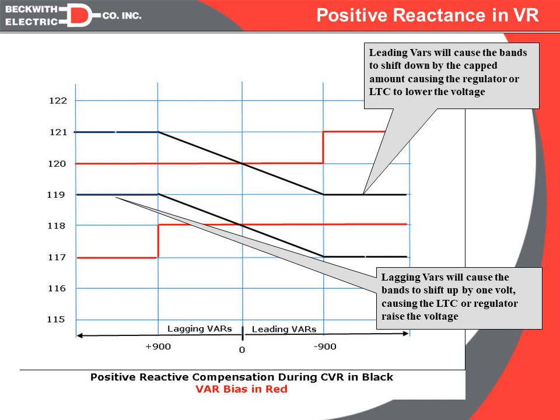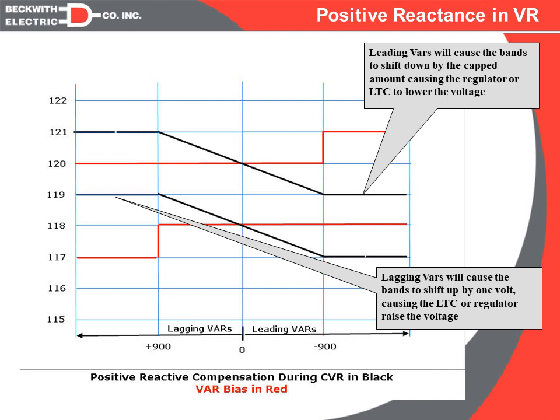So this is beneficial in the case where you may have capacitor banks, but they may be offline or out of service. In that case, if you were doing a straight percentage voltage reduction like is typically done, and you were counting on the capacitor banks to support that voltage, and they were not online, then you could run into low voltage complaints when you went into reduction.